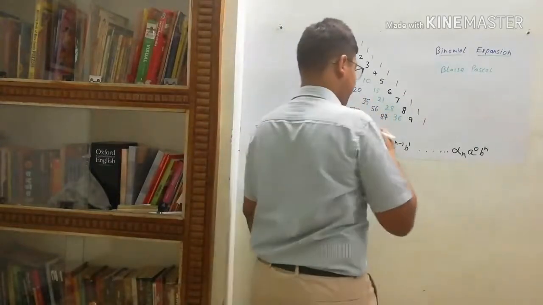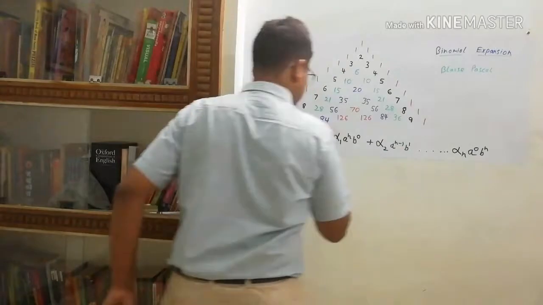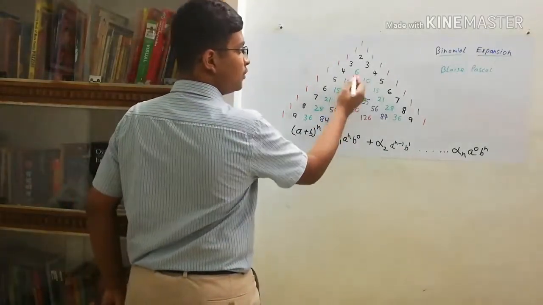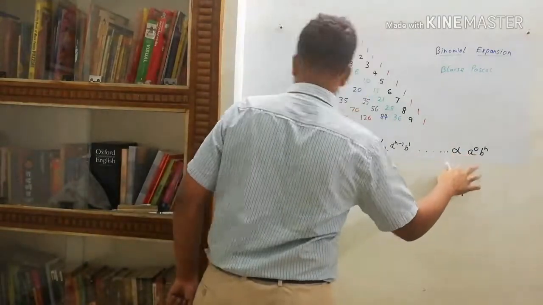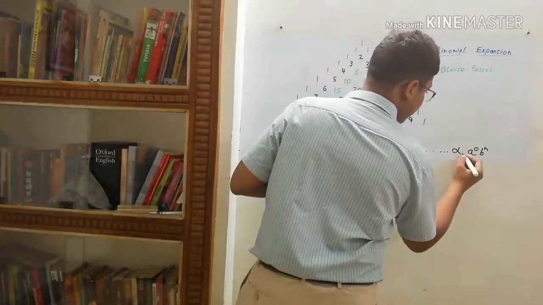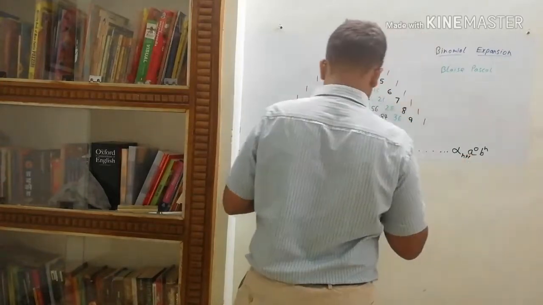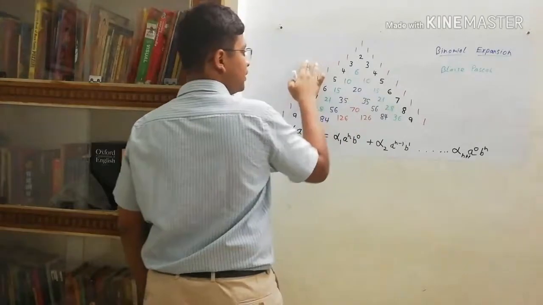So for n equals 4, alpha 1 is the first one of the fourth row. Sorry, I made a mistake. It should be n plus 1, because there is one extra coefficient in every row.